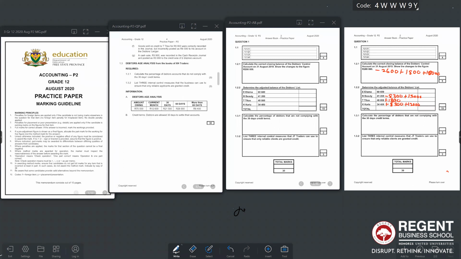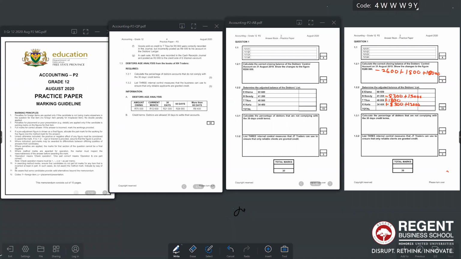Now let's go to the next one. Goods sold on credit to Titus for 5,800 were correctly recorded in the journal. So you sold goods on credit to Titus for 5,800. You entered it correctly, but it was incorrectly posted as 8,500 to his account in the debtors ledger. So when it came to the posting, you posted the incorrect amount to Titus's account.